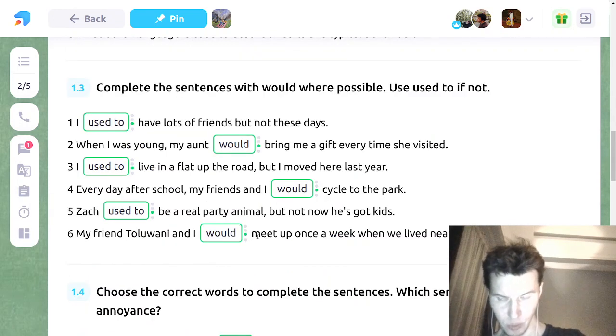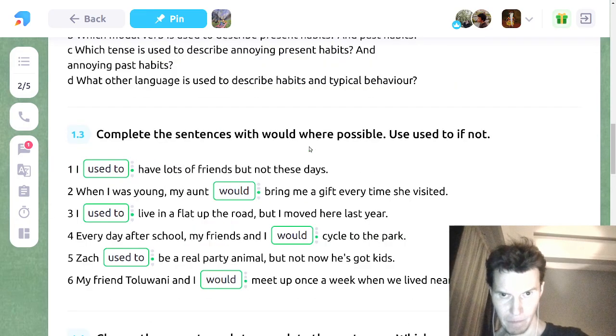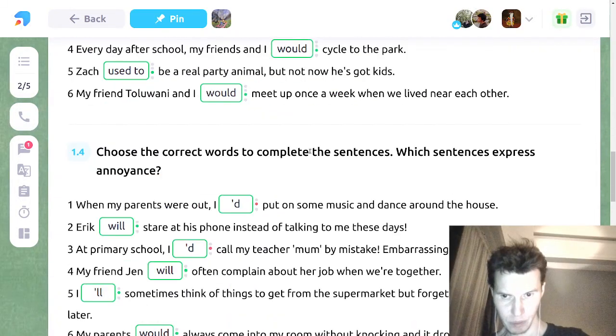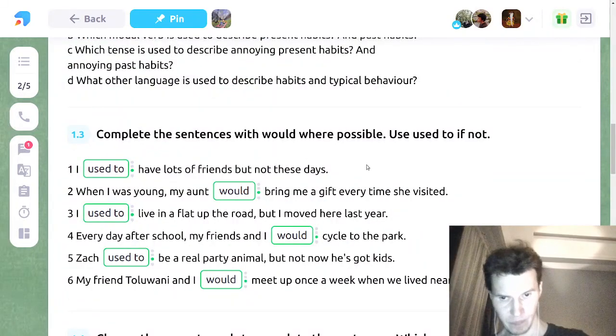Used to, would. Yeah, there was some difference between used to and would. But I don't remember what it was. When I was young, my aunt would bring me a gift every time she visited.